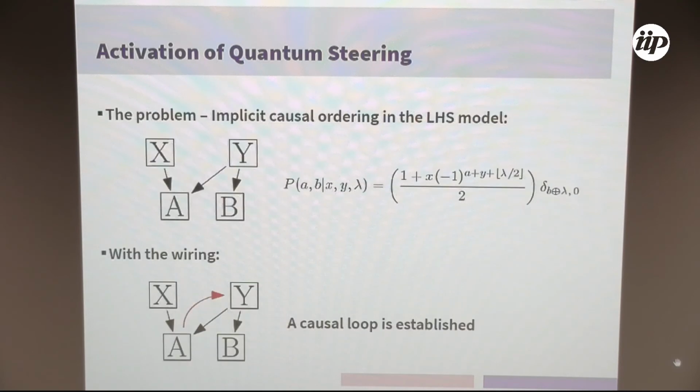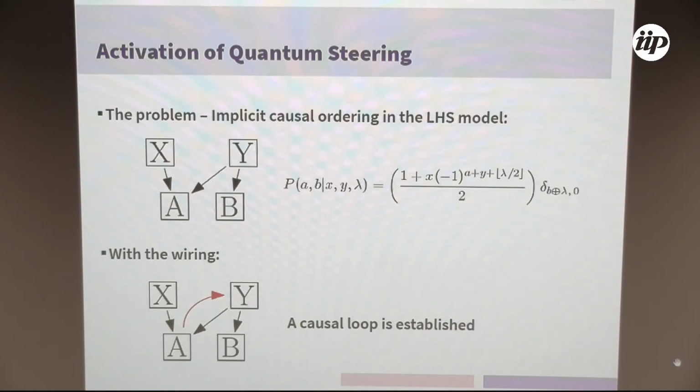So why is that? The thing is, with that composition for the assemblage, the LHS model, we ended up using some sort of signaling from the second black box to the first.